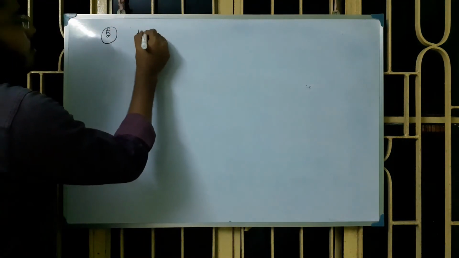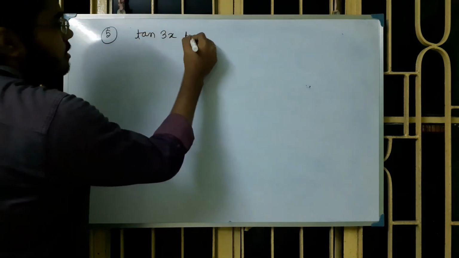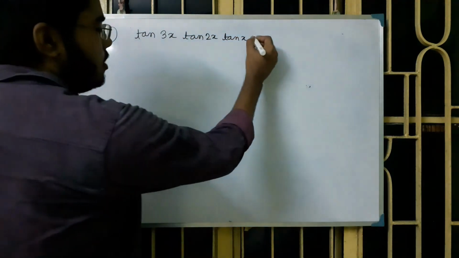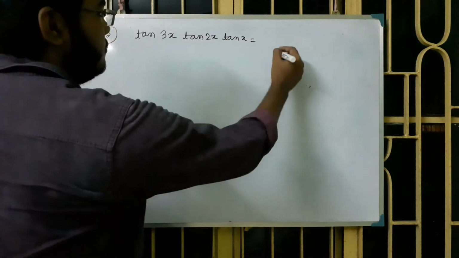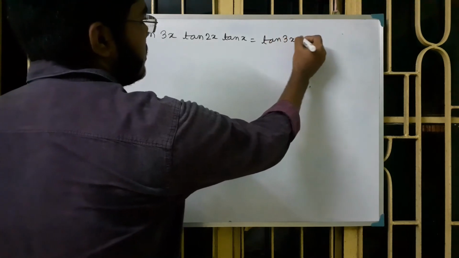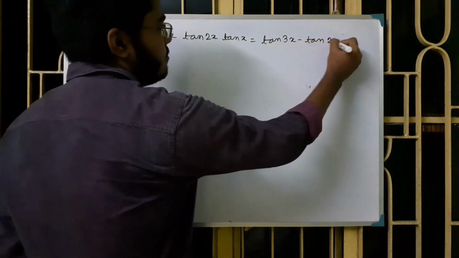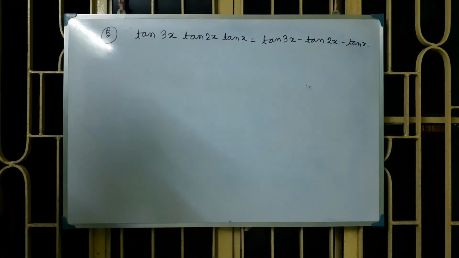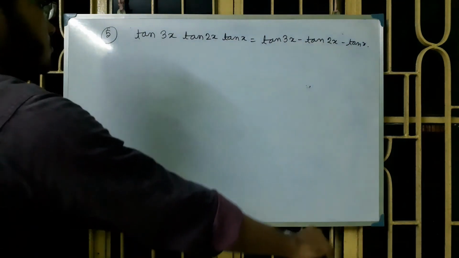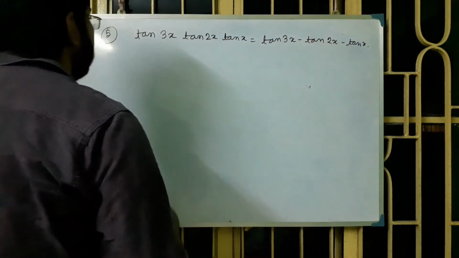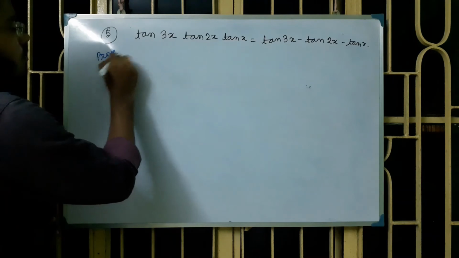Now there is another problem that's also very easy. That is question number 5. Prove that tan 3x tan 2x tan x equals tan 3x minus tan 2x minus tan x. I think this is right, so we have to prove it.